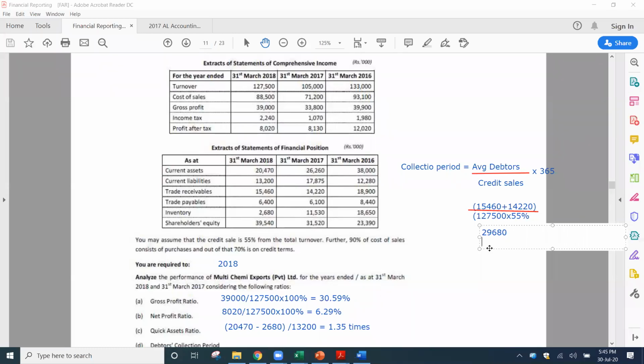And 127,500 into 55% is 70,125. So 29,680 divided by 70,125 into 365, you get the answer 154.